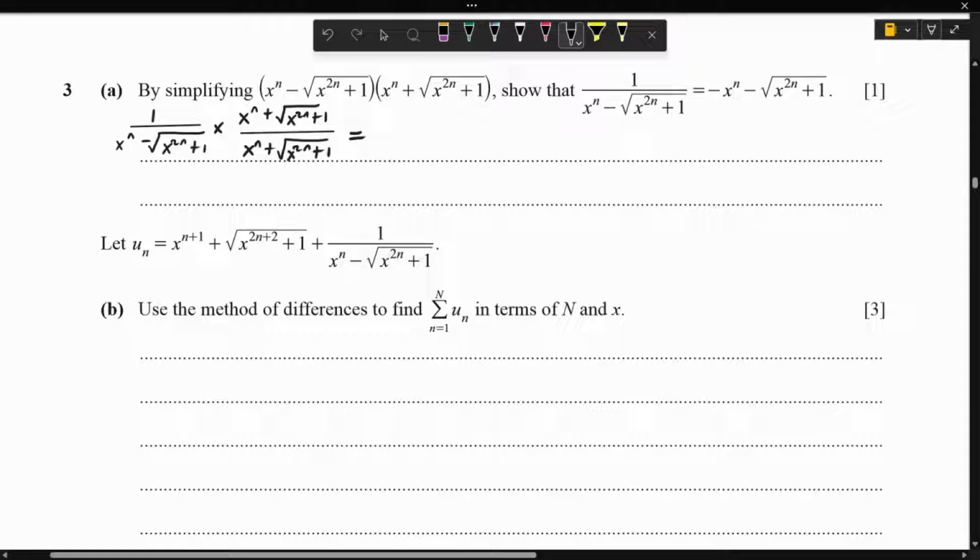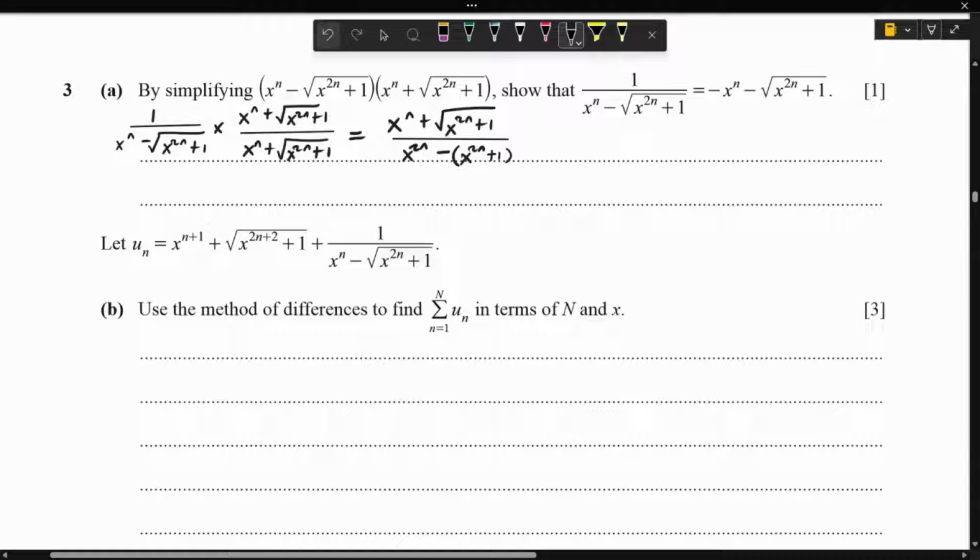And when we do that, we'll be having on top x to the n plus root of x to the 2n plus 1, and that's over, because these two are like a difference of 2 squares, x to the 2n minus, if we square these, x to the 2n plus 1.